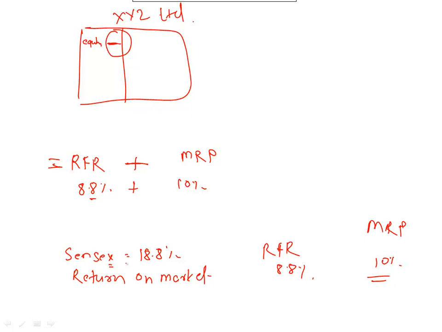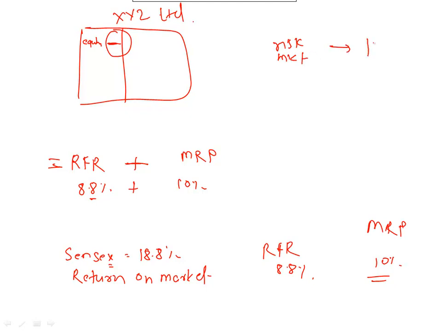So, if the overall equity markets have given an extra return of 10%, and my equity security is riskier than the overall market, I should expect more than 10%. If my equity security is less risky than the overall market, I should expect less than 10%. So what I am going to assume now is that the risk of the market is 1.